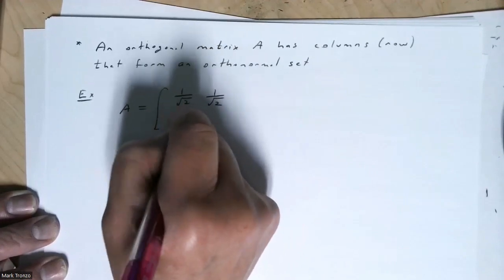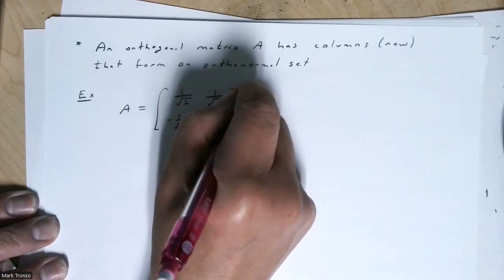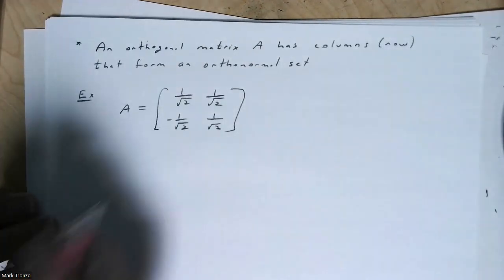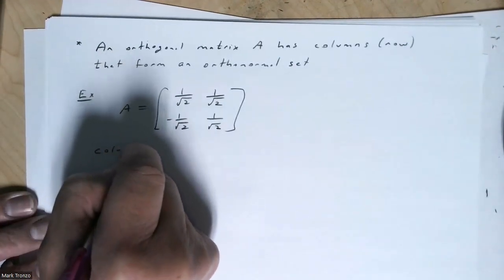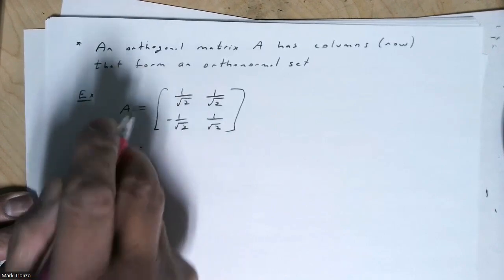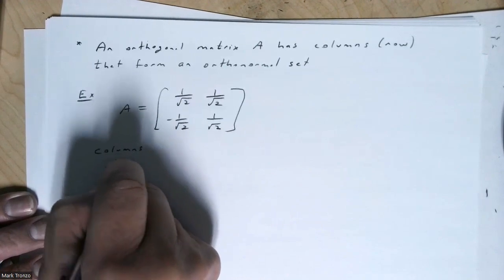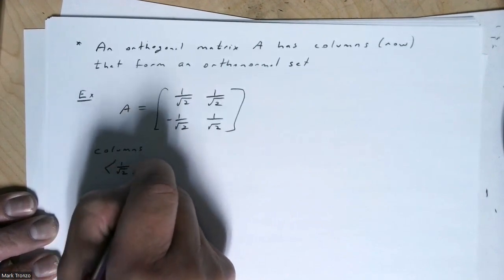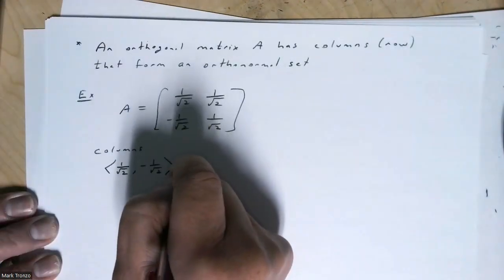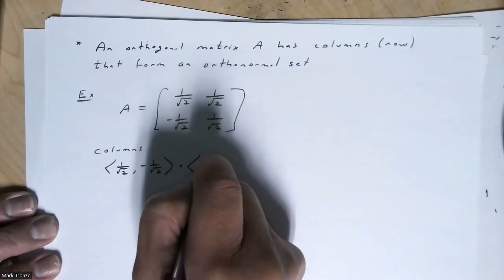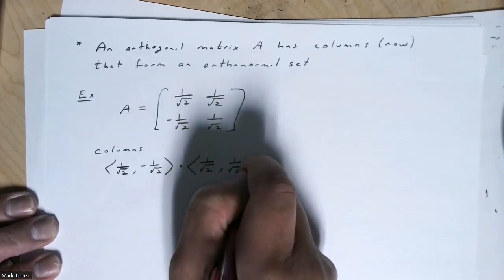So consider this. And let's consider the columns. You can consider this column here would form this vector here, and this column here would form this vector here.